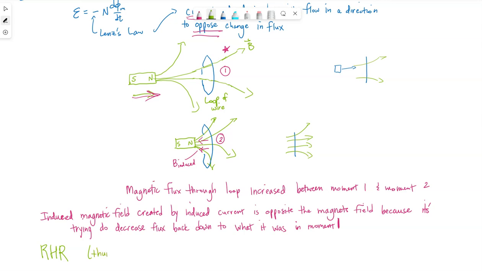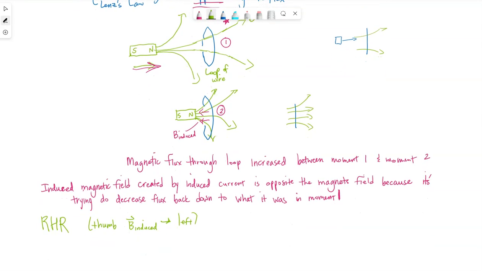Once we know that, we have to figure out what direction that means. So because the current is going to be circling, I'm going to let my thumb be the direction of B induced. So in this case, I want this to point to the left. So if I take my right hand and point it to my left, my fingertips represent the direction of the induced current in the loop.